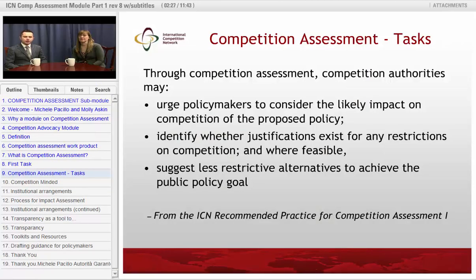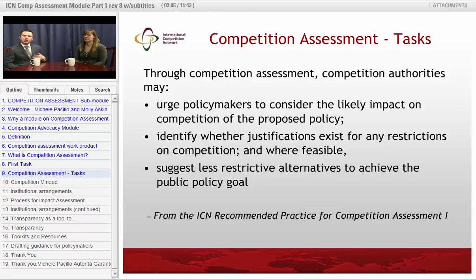First, urging policymakers to consider the likely impact on competition of the proposed policy when deciding whether this policy is appropriate. And second, identifying whether justifications exist for any restrictions on competition. There is an additional task demanded of competition assessment, and that is, where possible, to include suggestions for alternative approaches to achieve the policy goals, while reducing at the same time restrictions on competition.